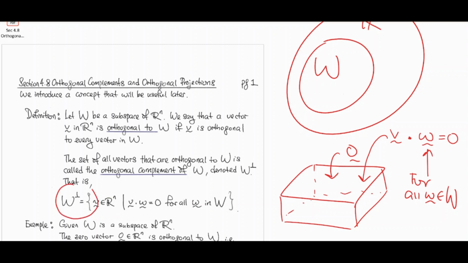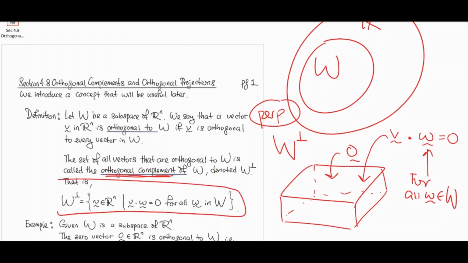This set is now called the orthogonal complement of this vector subspace W, and it is denoted by this. This is how you write it. It's called W perp, P-E-R-P, which is short for perpendicular. So W perp is a set. It is called the orthogonal complement of the vector subspace W, and the definition is given precisely by this.